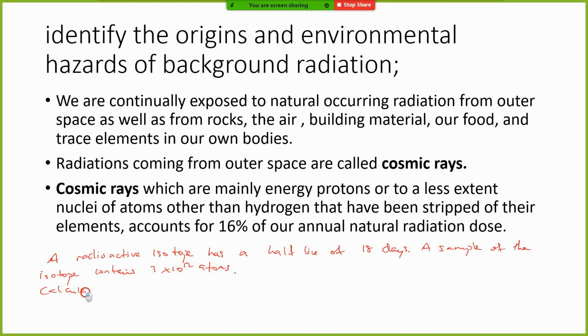It says calculate the decay constant of the isotope. This is 3 marks. The next part says the initial activity of the sample, which is also another 3 marks.